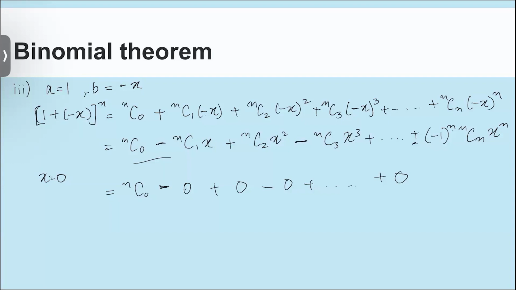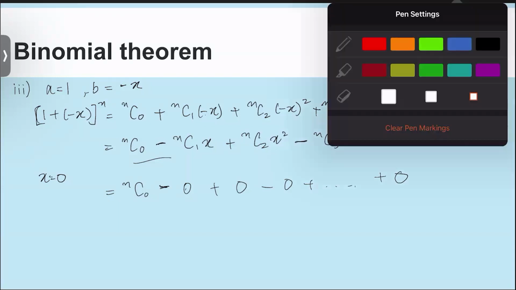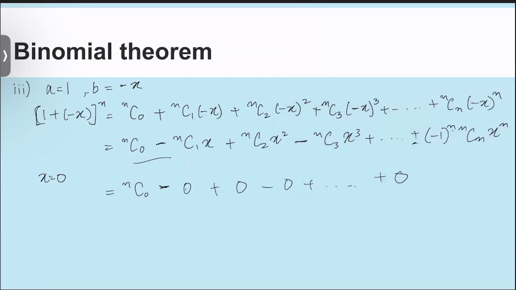Okay, sorry, I'm so sorry, I'll redo it. I got confused over here. Anyway, even if your x is equal to 0, it becomes 1 raised to n, and you can see that if your x is equal to 0, only the term nC0 will remain, which is equal to 1. So anyway, 1 raised to anything would be 1. But we want to see what will happen if x is equal to 1.